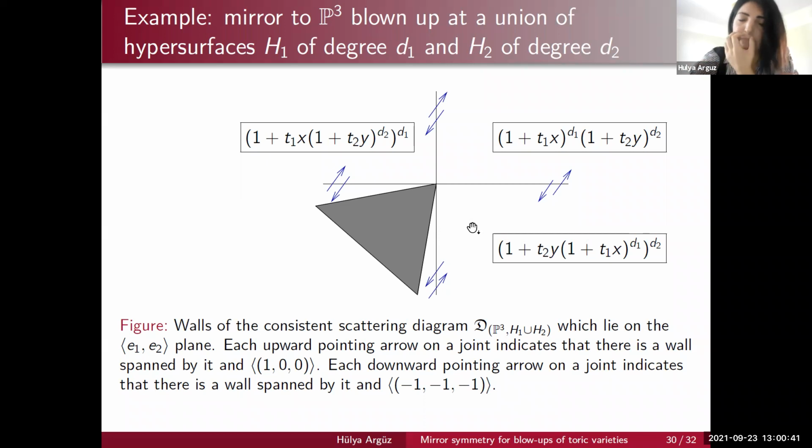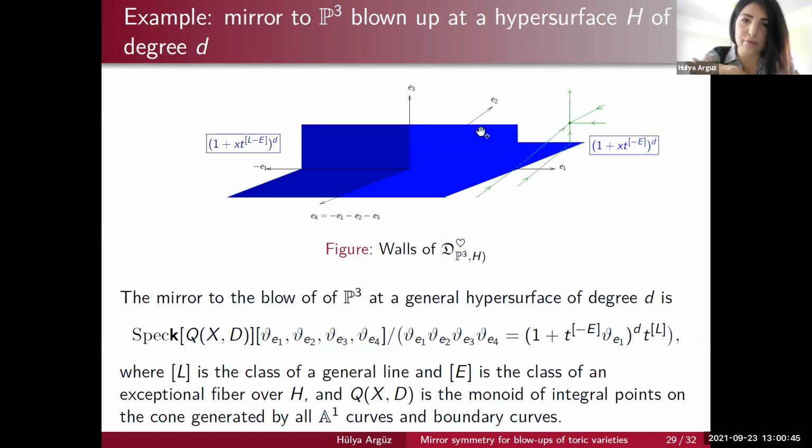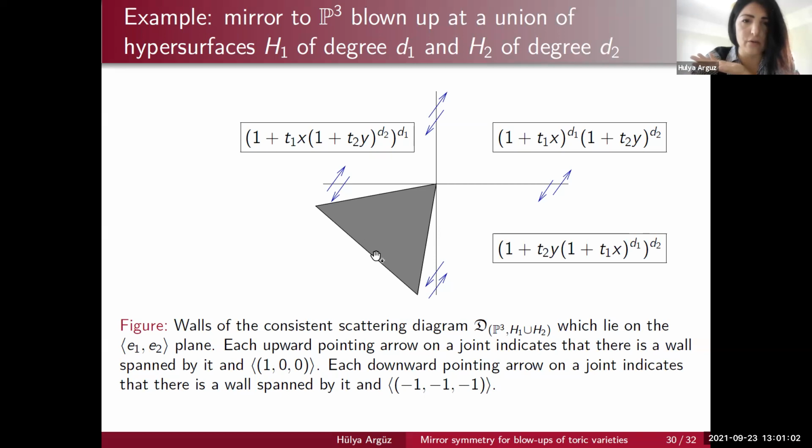If you blow up a hypersurface of degree d1 on this side and of degree d2 on the other side, you need to add infinitely many walls, but those infinitely many walls turn out to be added always on the xy plane, and they always accumulate on some part of the xy plane.